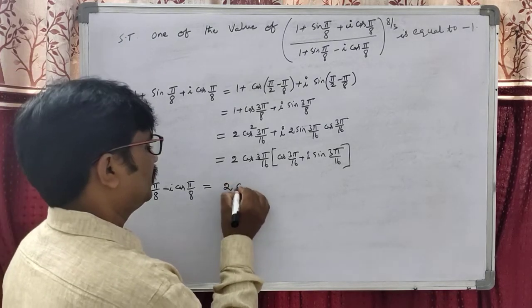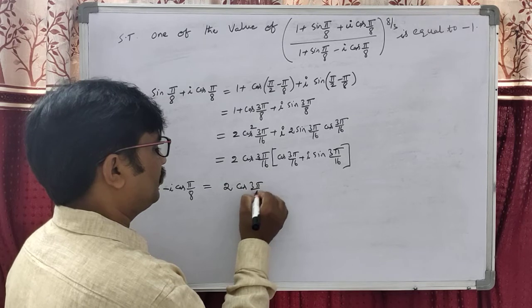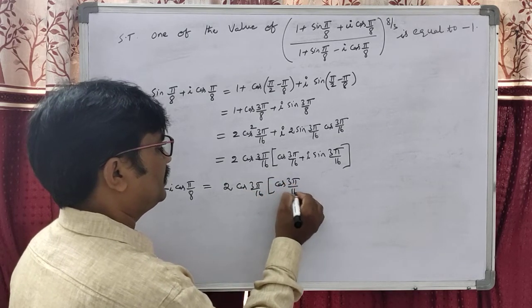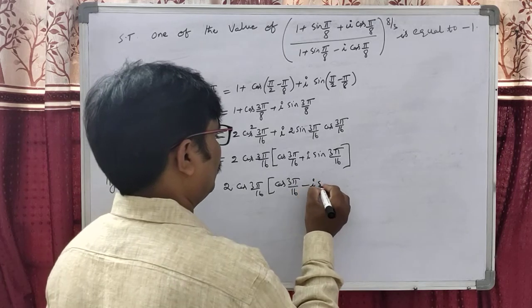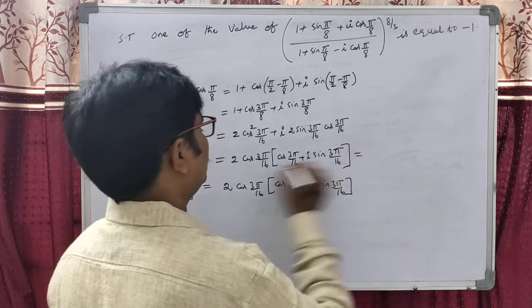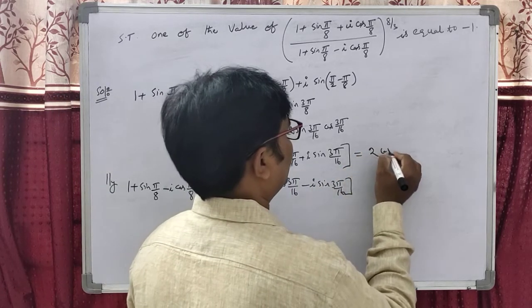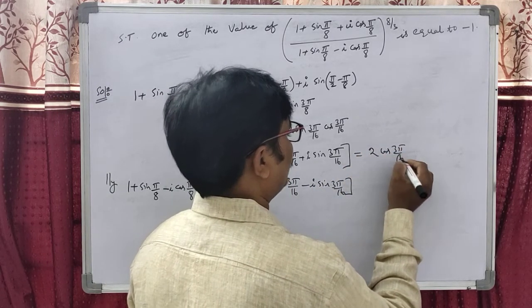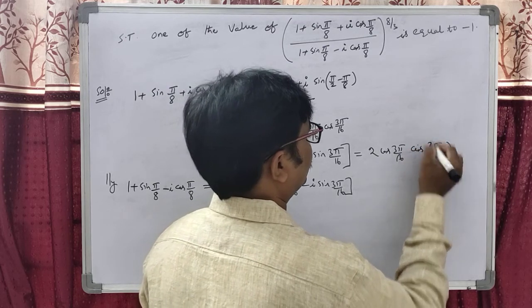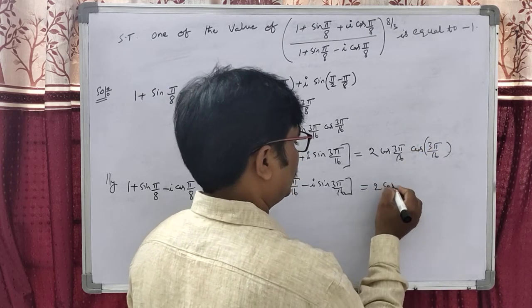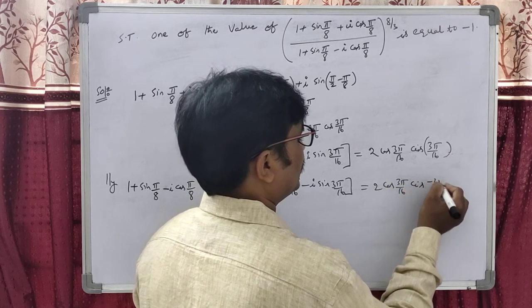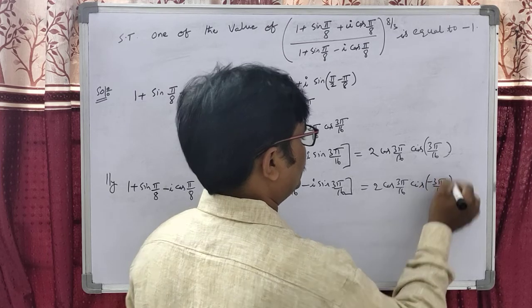This is 2 cos 3π/16 into (cos 3π/16 minus i sin 3π/16). So we can write it as 2 cos 3π/16 cis of minus 3π/16.